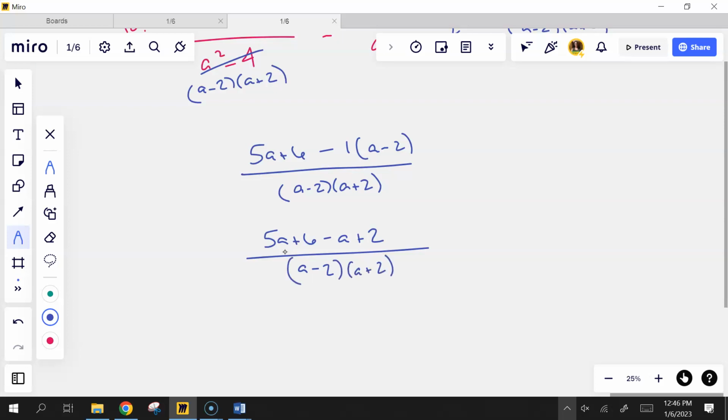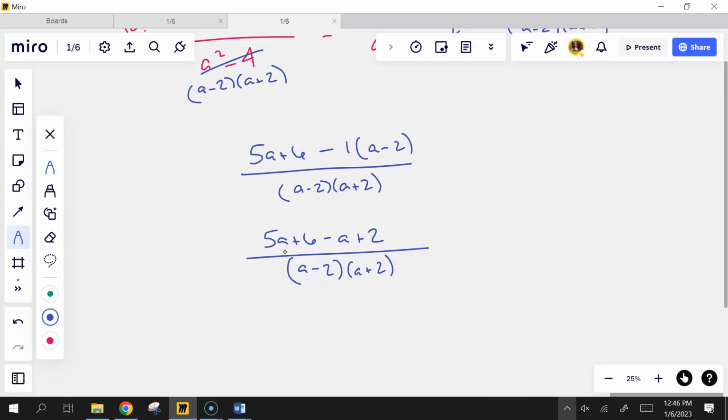Don't cancel out until all the plus or minuses are in parentheses. We've got to put them there. Can we not cancel a minus 2 and a plus 2?